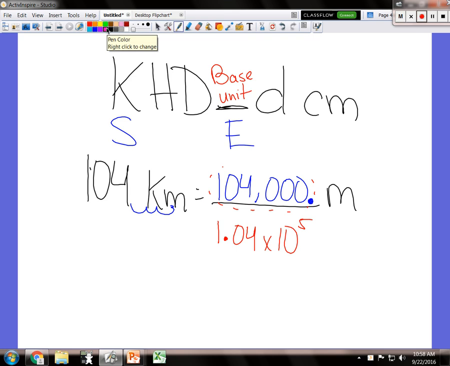The only way I can move the decimal to get one number to the left of it is which direction? Left. So I'm going to go 1, 2, 3, 4, and then 5. Does that part make sense, the 5? Because I moved the decimal 5 places, that's my exponent. It's how many times you moved it.